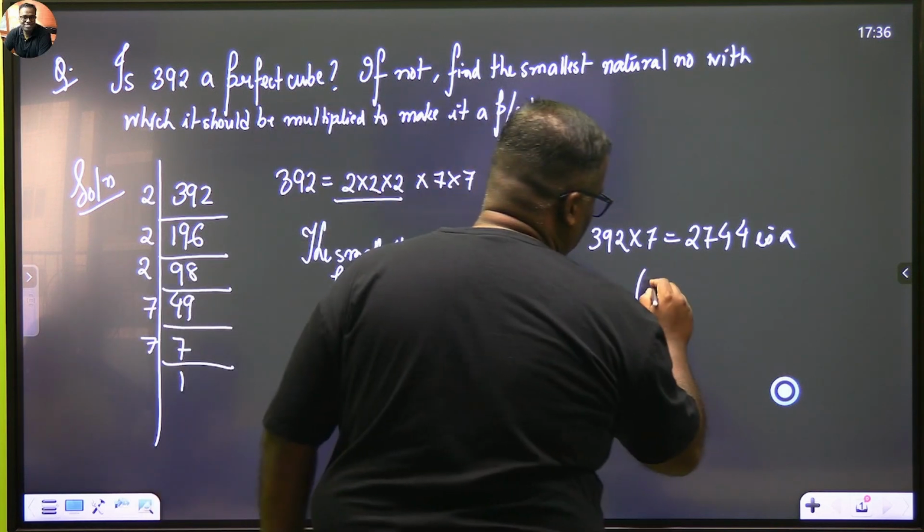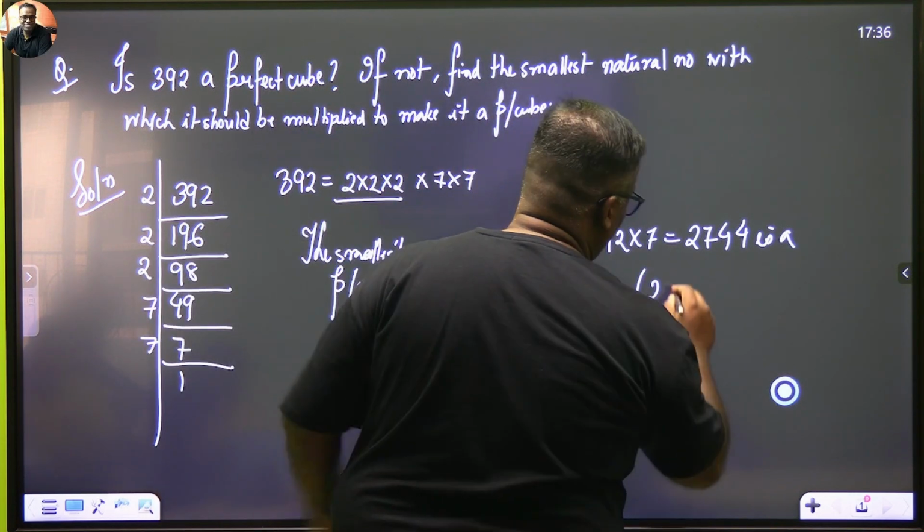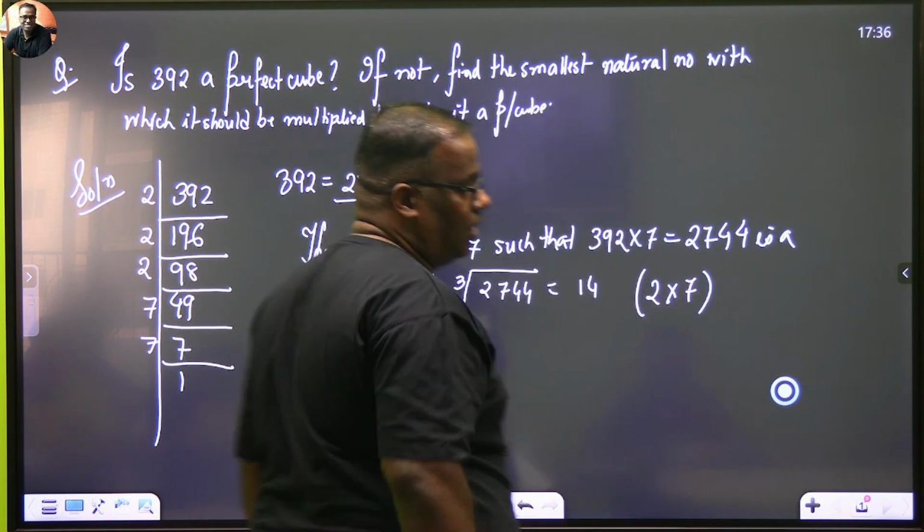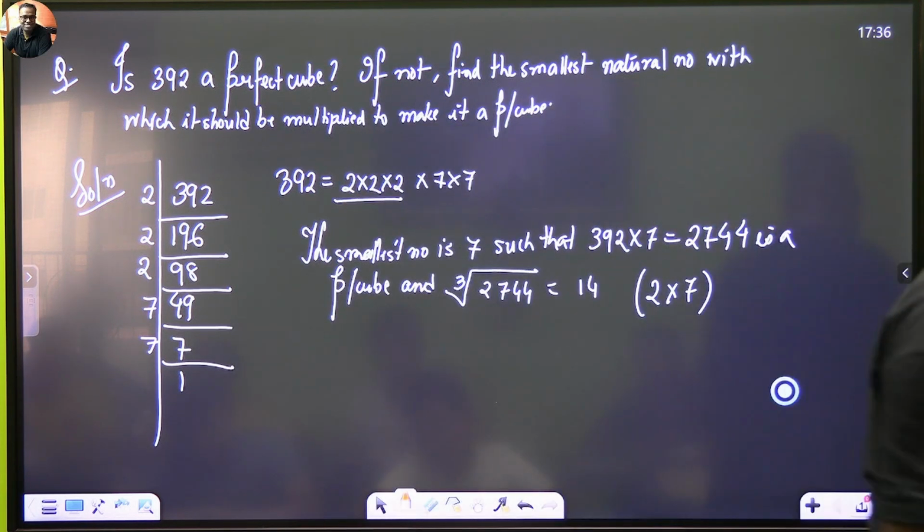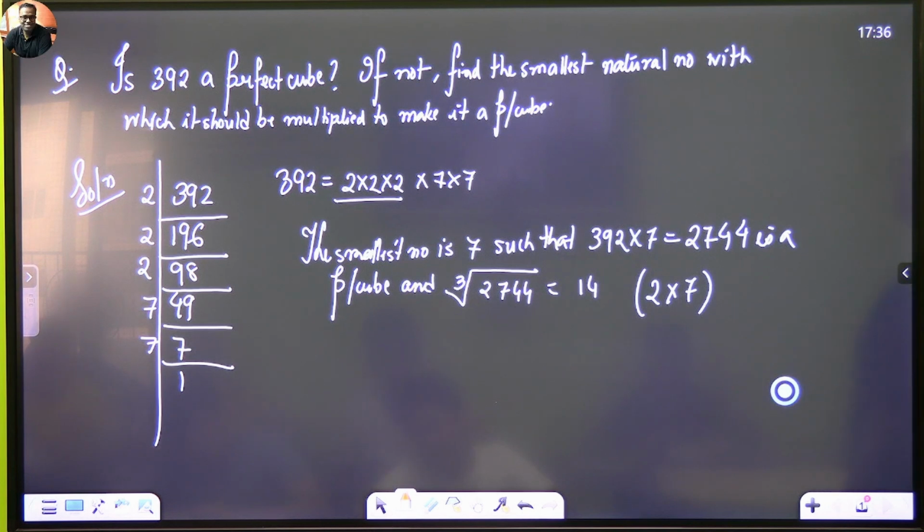How did you get 14? For a triplet of 2, you take 2. For a triplet of 7, you take 7. Anyone who has not understood the working, please feel free to ask how I got 14 as the cube root.